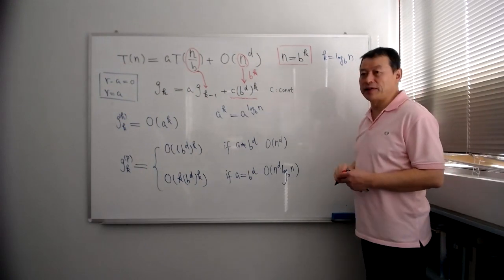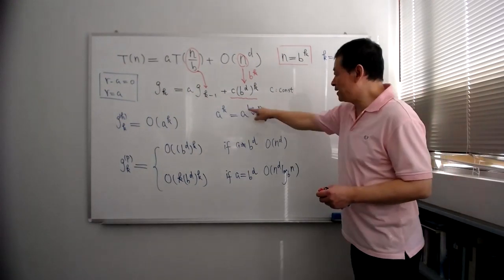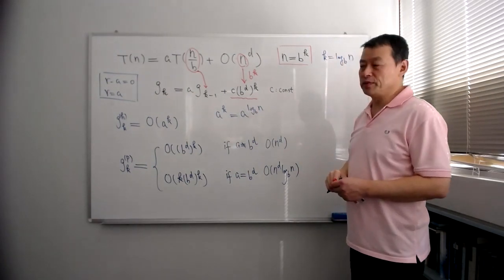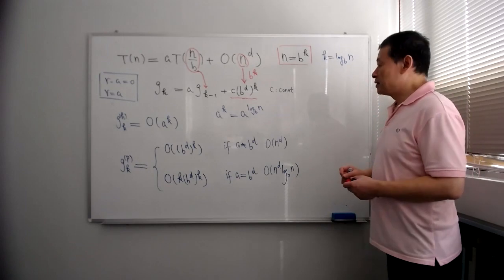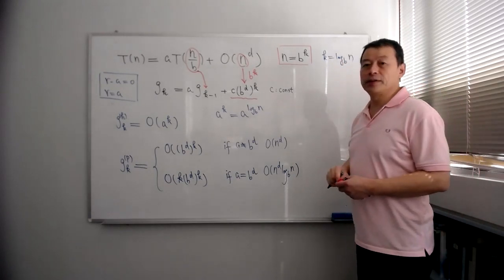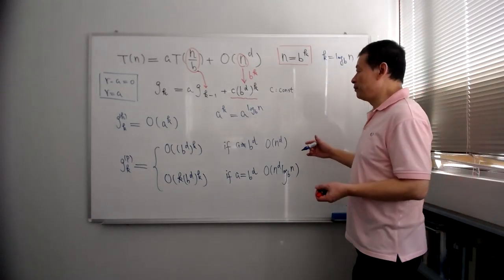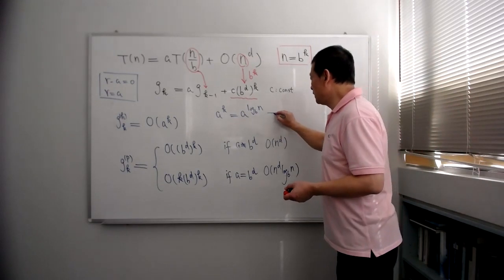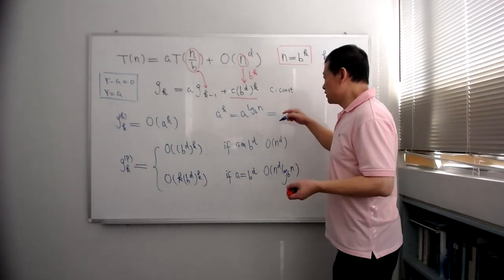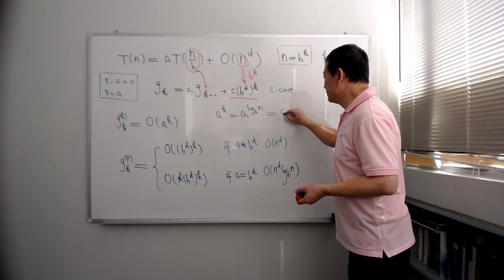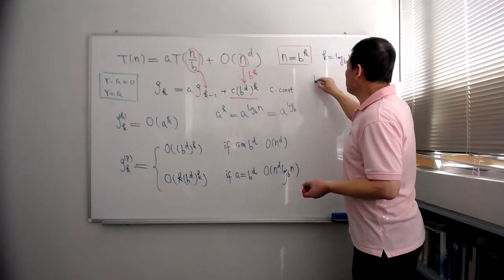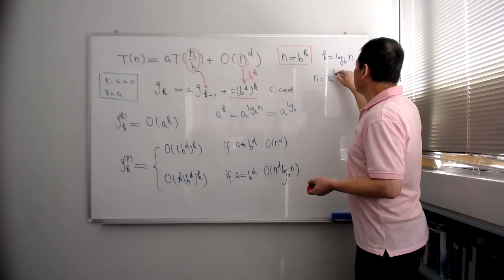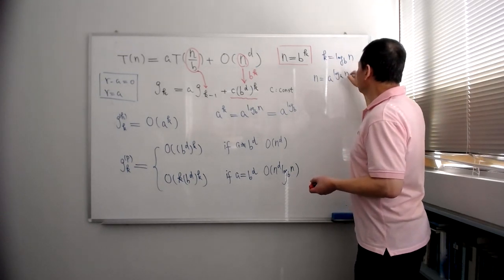It looks like an exponential function, but actually not, because the exponent is a logarithm. We can transform the whole thing into a polynomial. Here is one way: n can be rewritten as a to the power log base a of n.